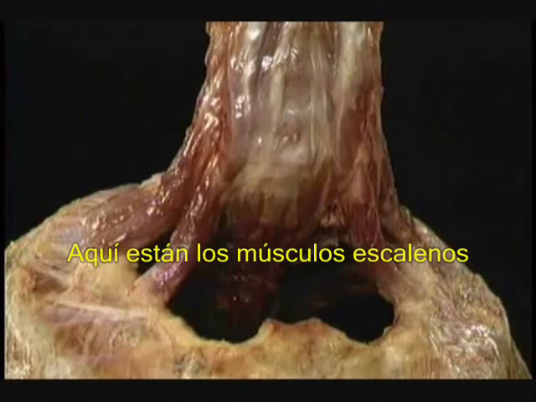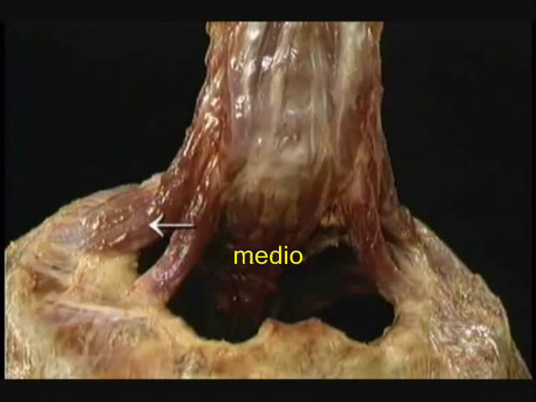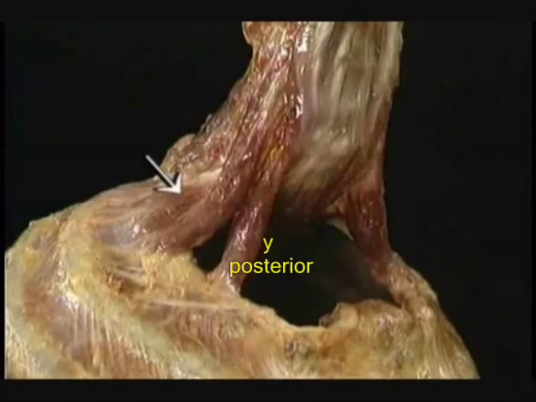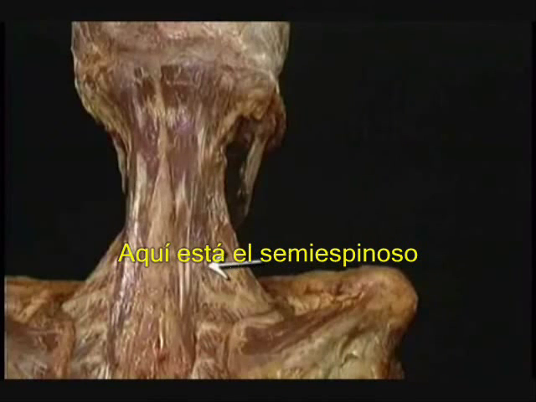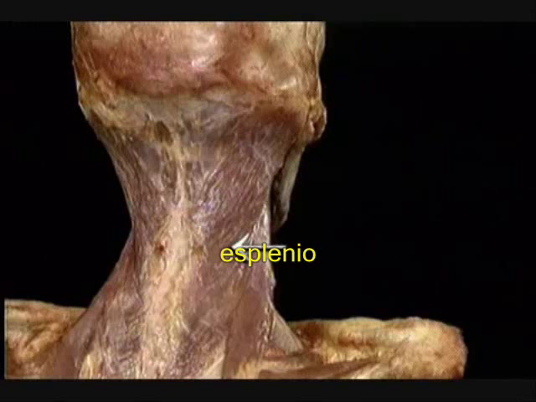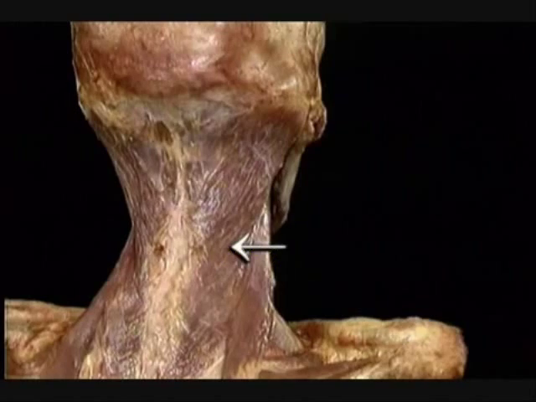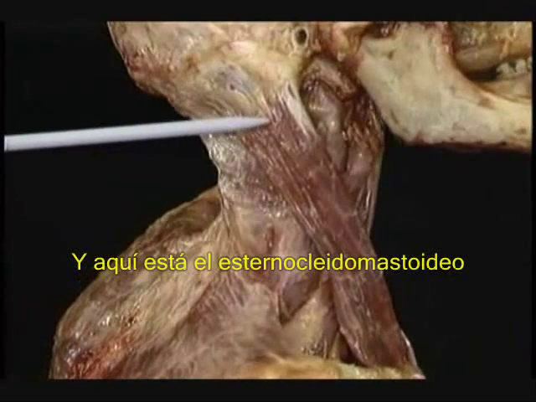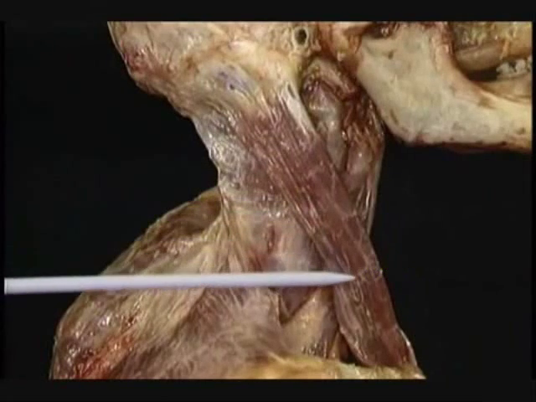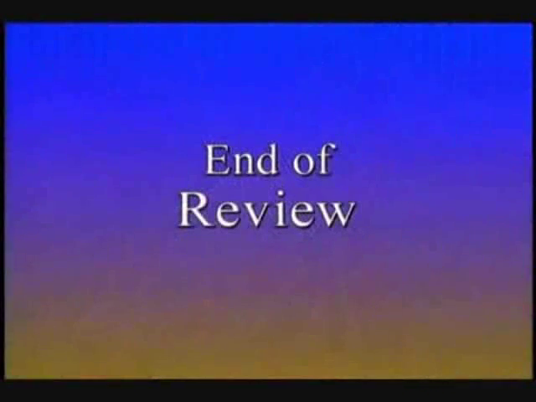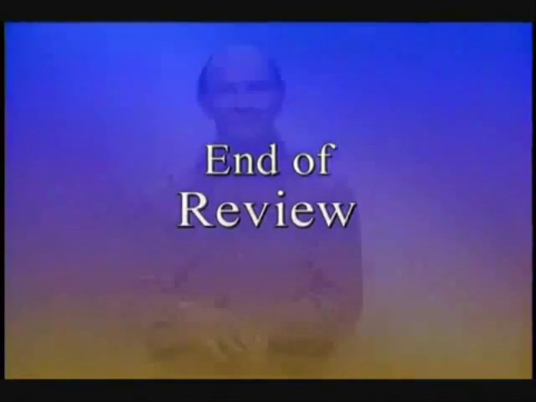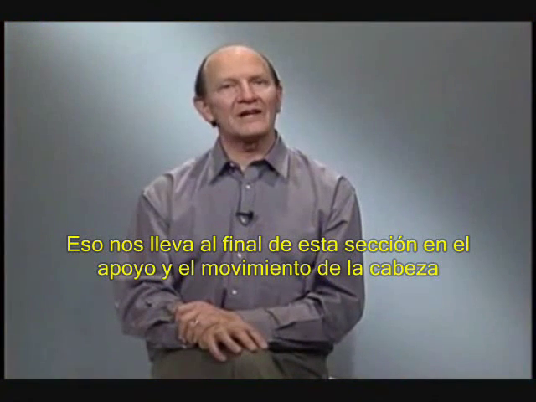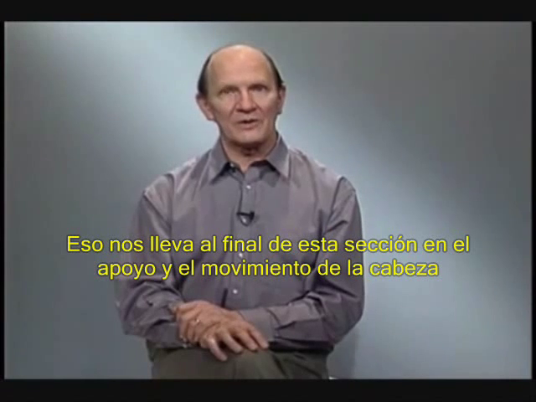Here are the scalene muscles, anterior, middle, and posterior. Here's semispinalis, splenius, and trapezius. And here's the sternocleidomastoid. That brings us to the end of this section on support and movement of the head.